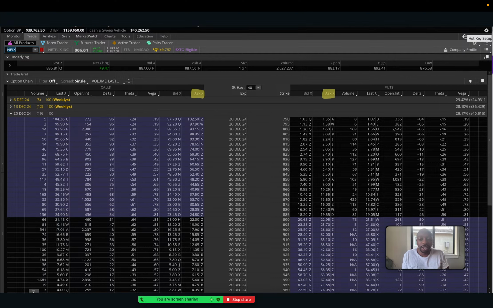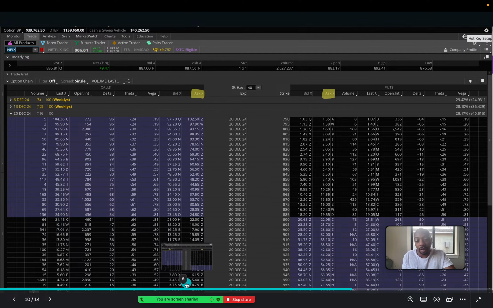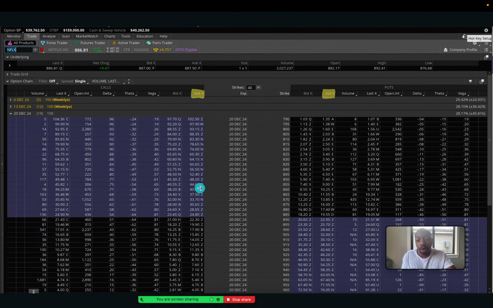So there's a good chance that you're just throwing money down the drain if you're buying all of these out of the money, because the probability is a 15% probability. You're buying lottery tickets. There's a good chance that none of them are going to hit. But if it does hit, it might hit big and it's going to be inexpensive, but you're buying lottery tickets down here. So I tend to trade things that are at the money or a little deeper in the money.